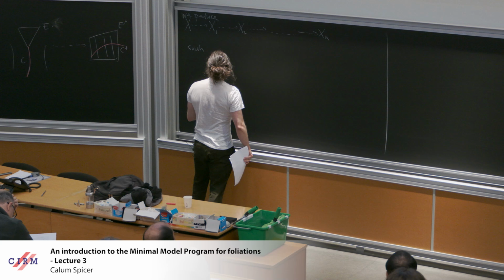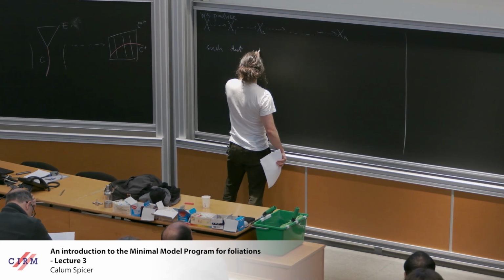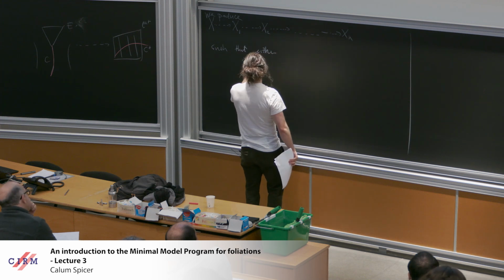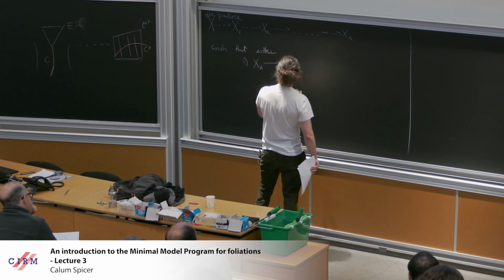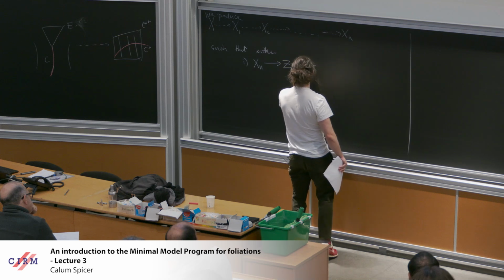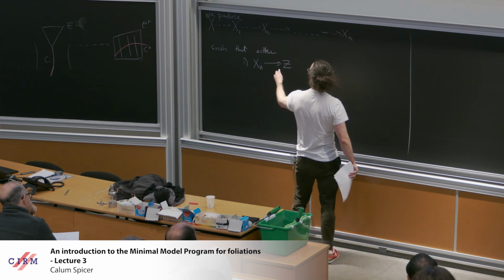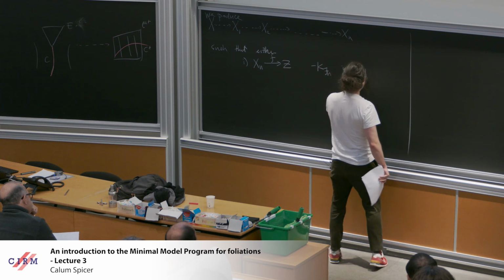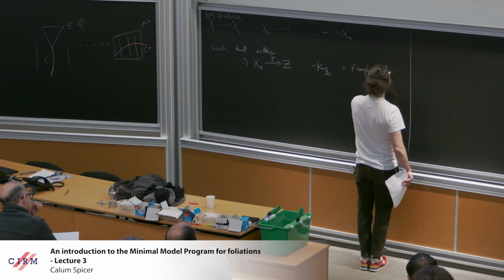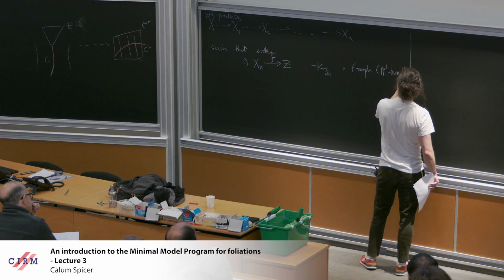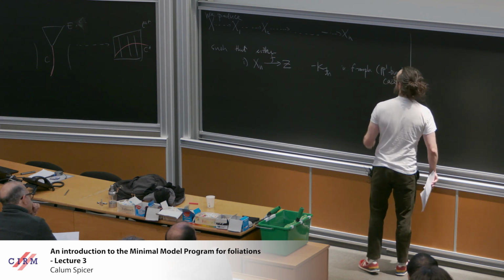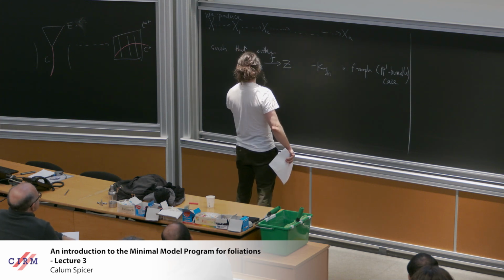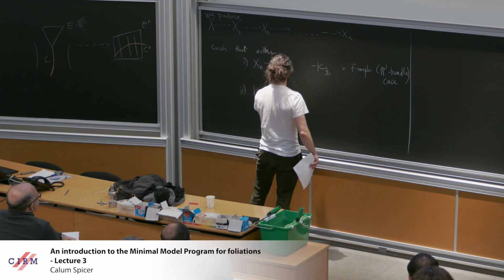We produce this infinite sequence such that either, one, we had a situation where there was a fibration X_n to Z such that minus K_F_n is F-ample. So this was like our P1 bundle case from the surface world. Or two, K_F_n is nef.